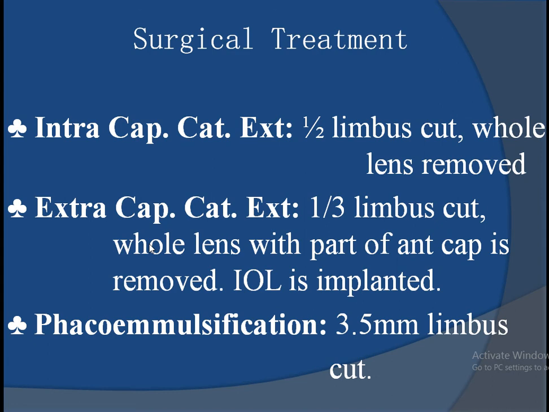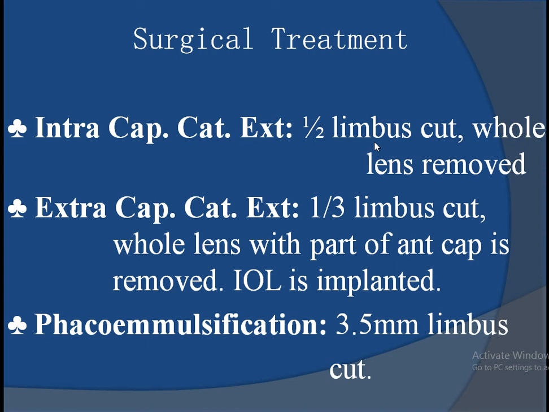So in older days, the whole lens was removed through a half limbus cut. The limbus is the junctional point of the sclera with the cornea.